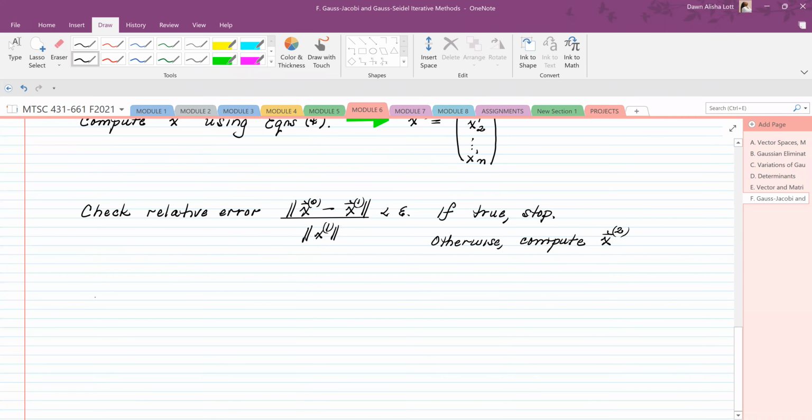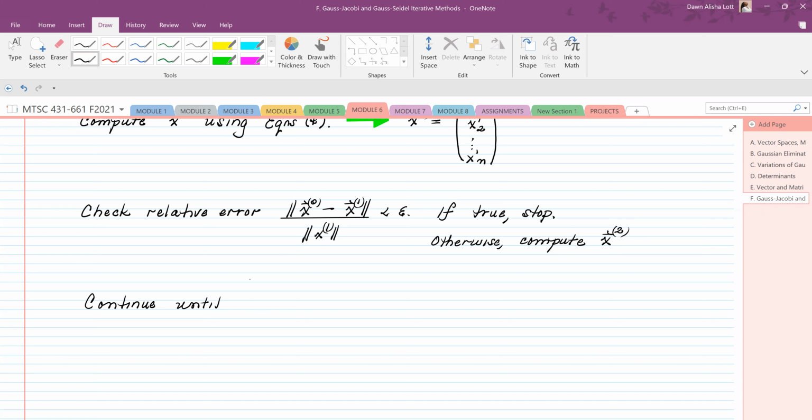And you will continue until... Now, this method, from what I have, is an algorithm. They're not doing the relative error, they're just doing the error. Oh, okay, good. I like this one.